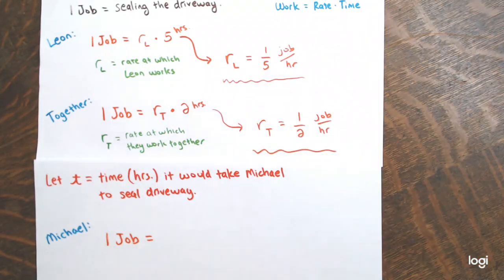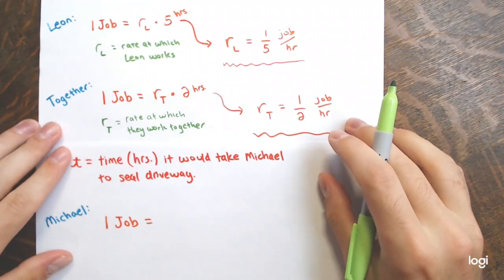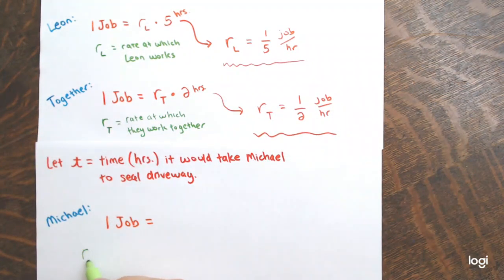Now the rate at which Michael works, I do not know this. So again, I'm going to call this something: R sub m, for rate of Michael. This will be the rate at which Michael works. Now, very similar to the last problem.